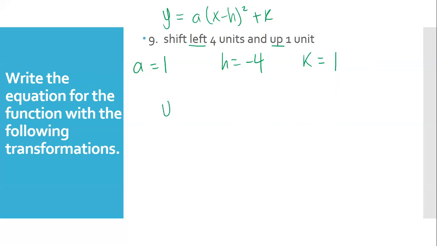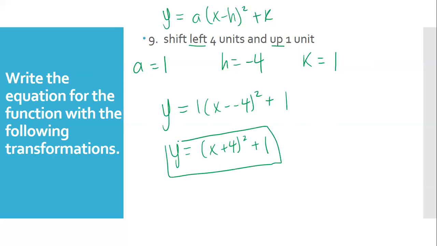So we plug it all in. We have y equals 1 times x minus -4 squared plus 1. So y equals x plus 4 squared plus 1. And that's our equation.